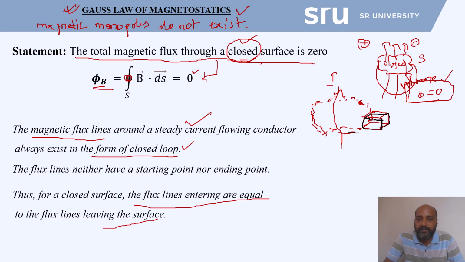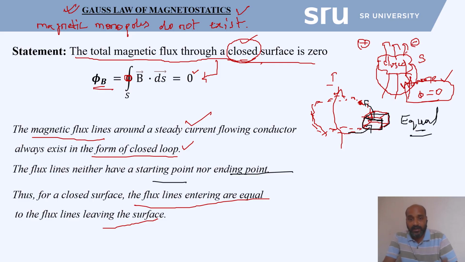Now the number of field lines entering through the surface and the number of field lines leaving through the surface will be equal, because in another way you can say there is no starting point or no ending point.